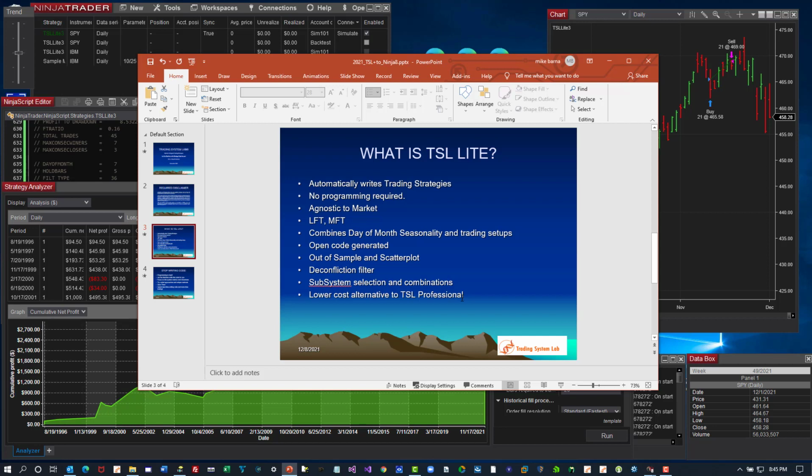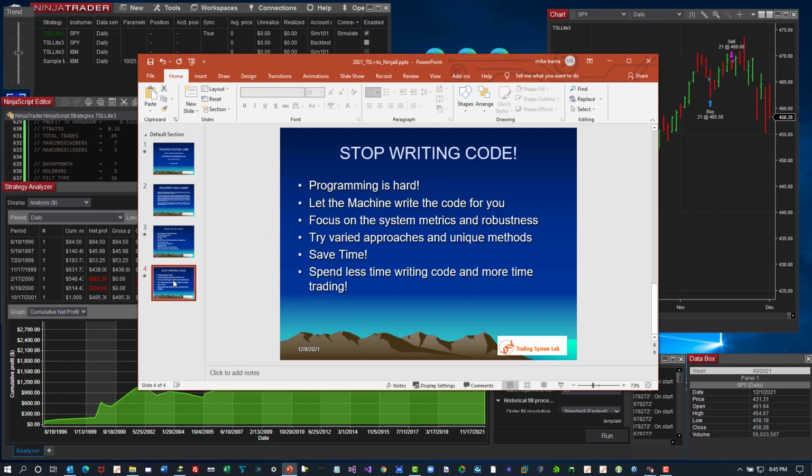Simply copy and pasting evolved code into the trading platform is what you do with TSL Professional, and you also do that with TSLlite. So we really need to stop writing code. We need to work more with these engines that write the code for us.